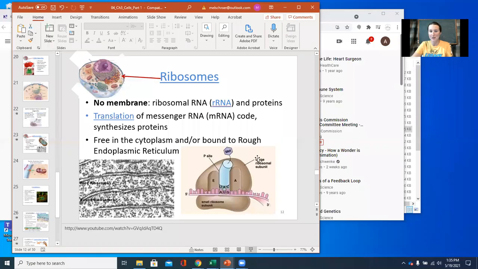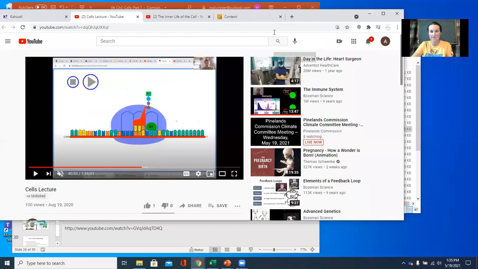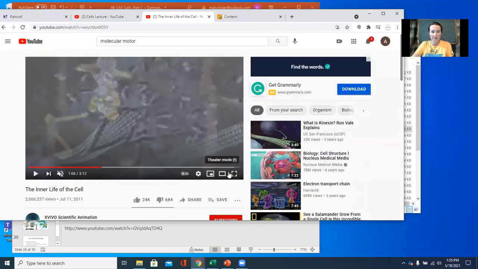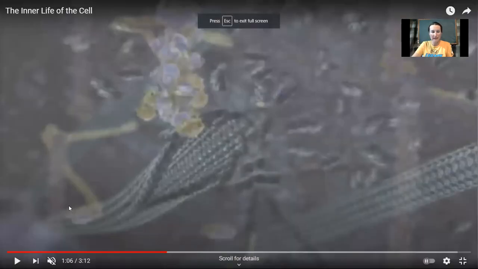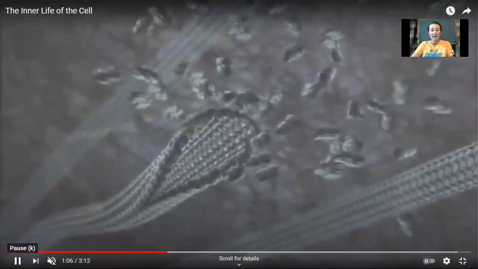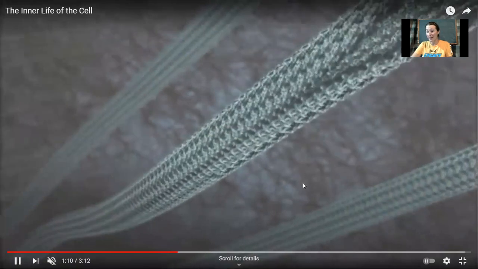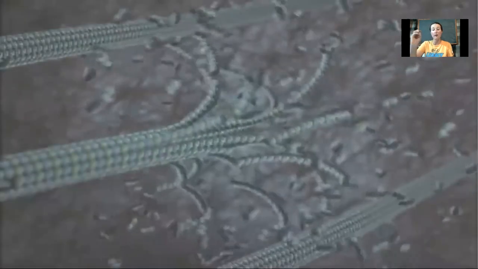And I really want to show you this because it is just fantastic. What we're going to see, these are microtubules being created, brand new all the time. Building the microtubules in the cytoplasm by free ribosomes. And now we don't need it anymore.